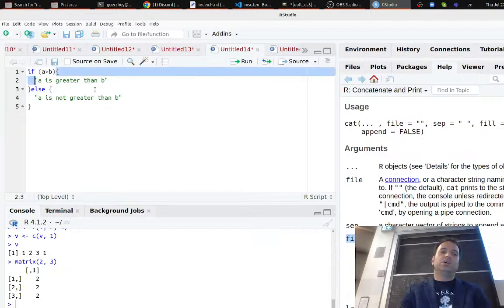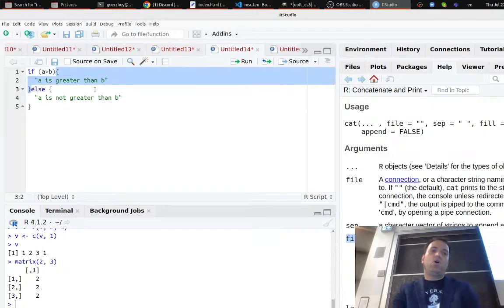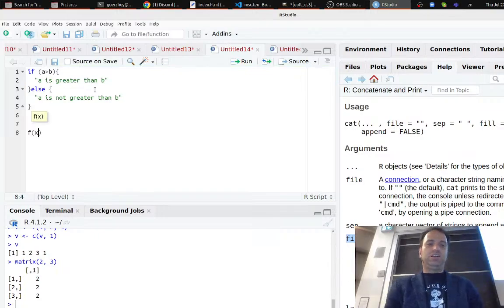But basically, all there is to it is that according to the rules of syntax in R, this thing and this thing have to be in curly braces. And with functions, it's again the same. A function is written like this, for example.